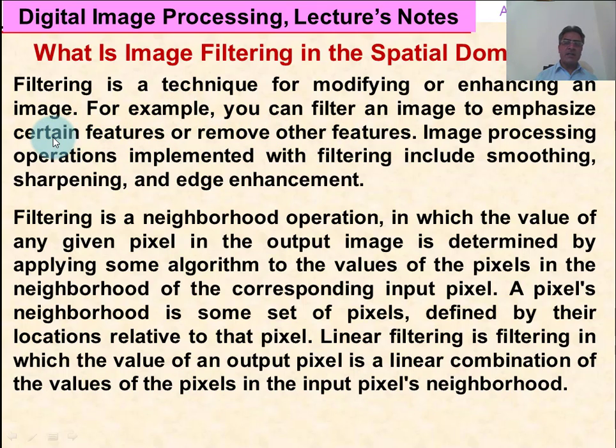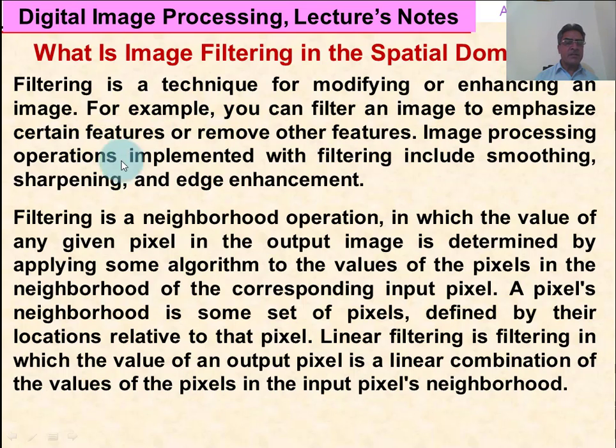That is, we emphasize certain features, that is, we detect the edges from the image. Edge detection is emphasizing features, and to remove other features, that is, we remove the noise from the image and get the fine version of the image. For both operations we use a filter.